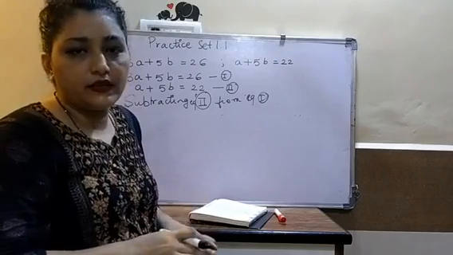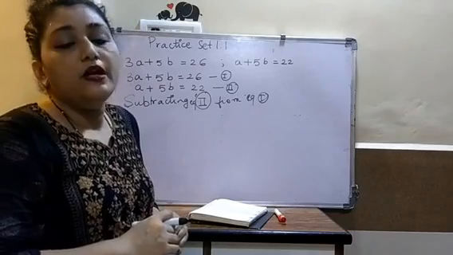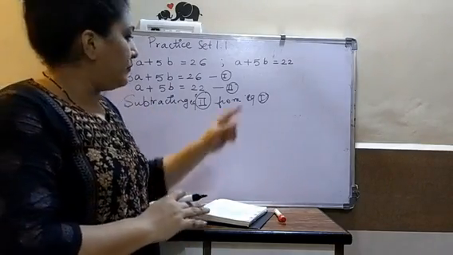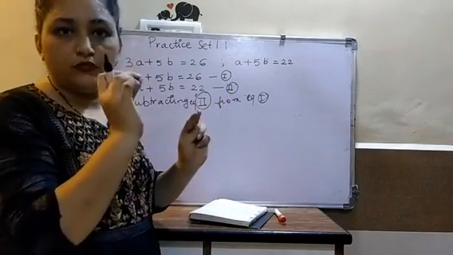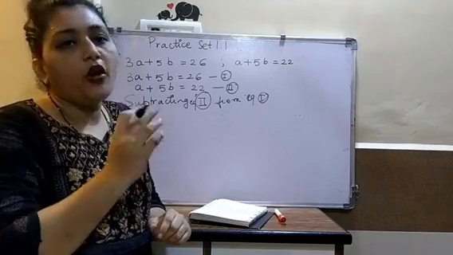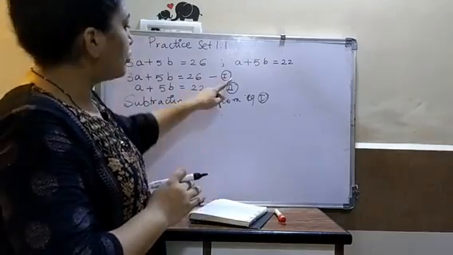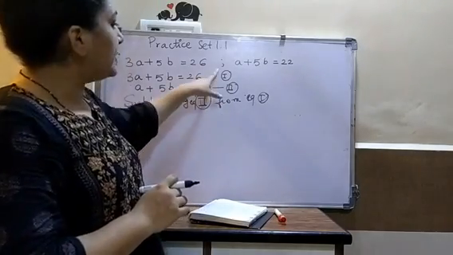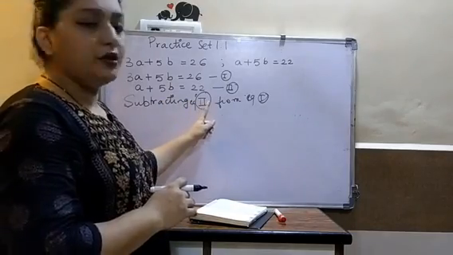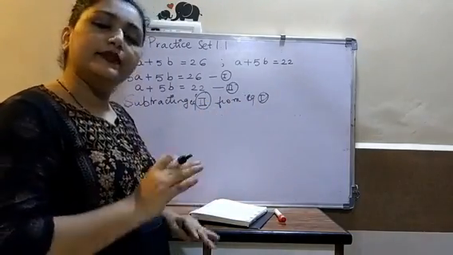In boards also you are going to lose half a mark for that. So whenever we use subtracting, at that time you have to write from between the two equations, and write in proper order what is being subtracted from what. So we are subtracting 2 from 1. That's why I have written subtracting equation 2 from equation 1.